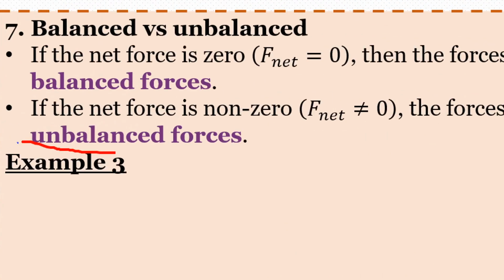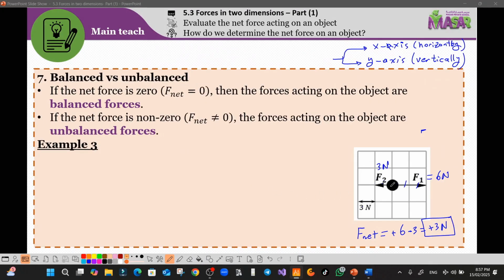However, we can solve the same question in a different, much smarter way. We just look at the left and right forces. If the left-hand force and the right-hand force are equal, then the F net will be zero because at the end you're going to subtract the same number from itself. So for example, let's say F2 is larger like this.